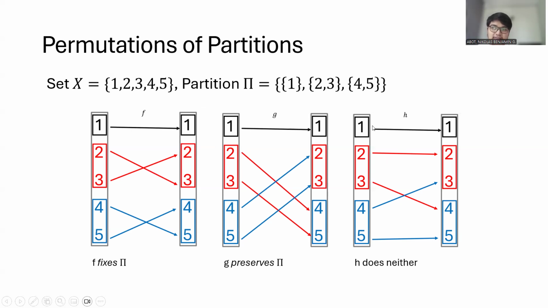Lastly, if we consider h, we see that it does neither of those things. 2 gets mapped to 2, which is in the red partition, but 3 gets mapped to 4, which is in the blue partition. Therefore, it broke the particular block when it mapped it to the codomain. Thus, h neither fixes nor preserves the partition pi.